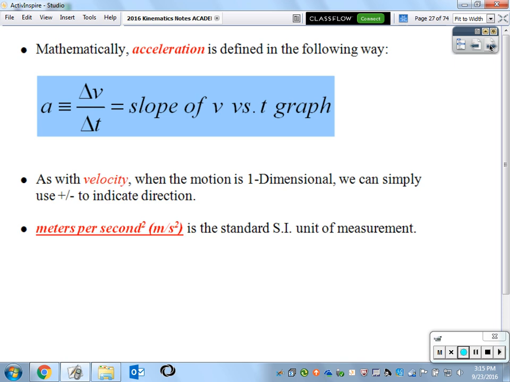Acceleration has units of meters per second squared. Why? Because we are taking velocity values in meters per second and dividing that by time in seconds. So meters per second divided by seconds leaves you with meters per second squared.